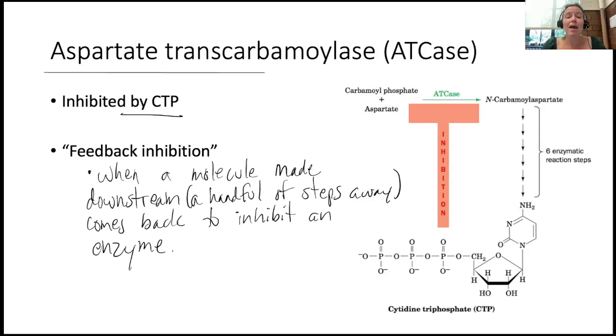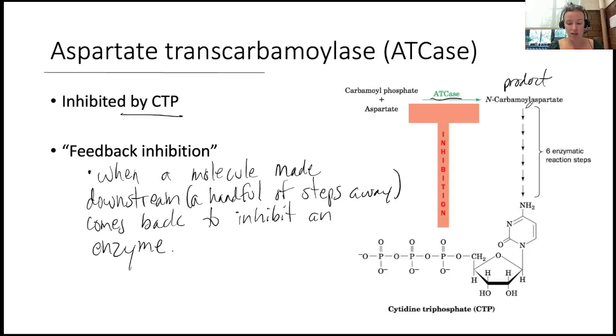Okay, so feedback inhibition is when a molecule made downstream, or a handful of steps away, comes back to inhibit an enzyme. What do I mean by this? So here is the enzyme ATCase. Its product is called N-carbamyl aspartate.